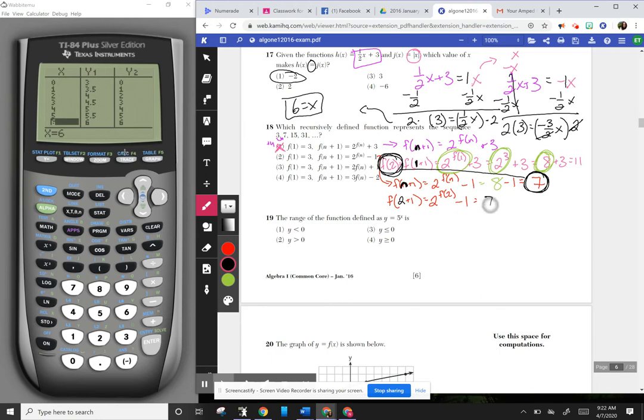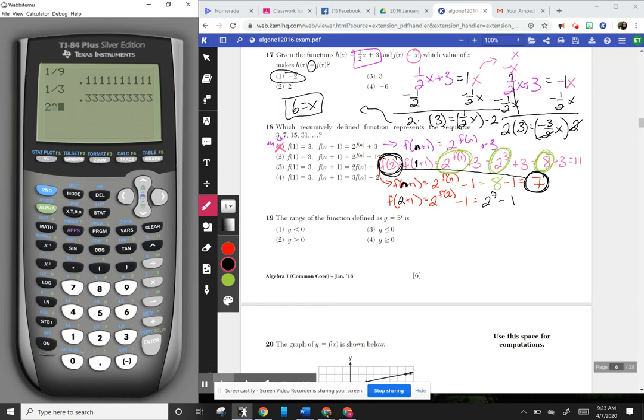So that's going to be 2 to the 7th minus 1. And 2 to the 7 is 128, minus 1 is 127, which is not 15, so it's not option 2. Okay, so I'm going to have to erase all this to make some space.